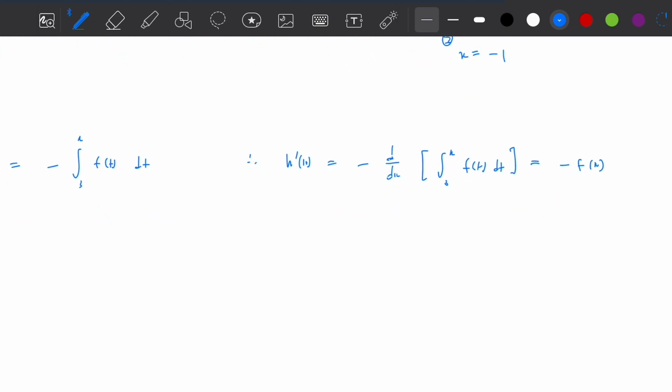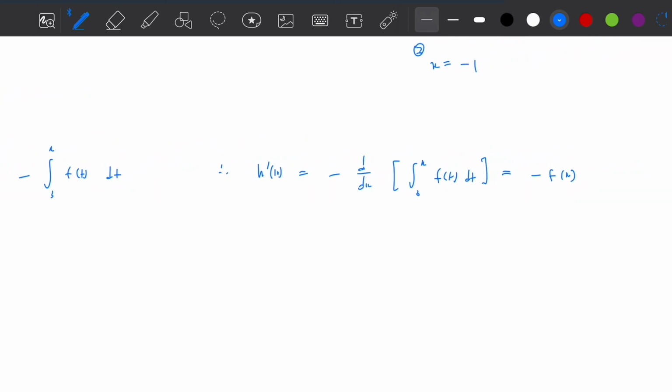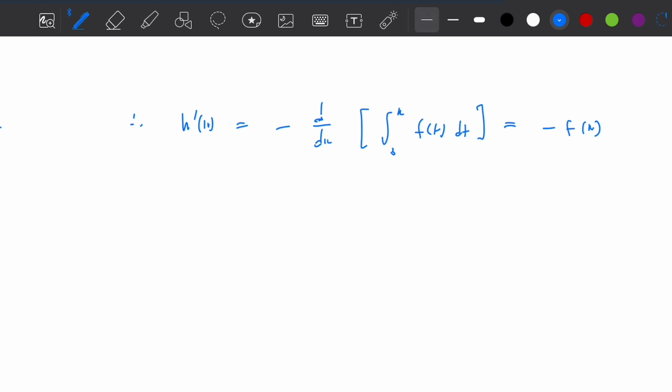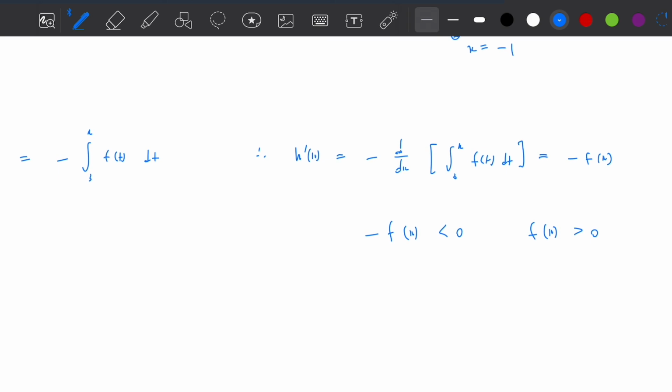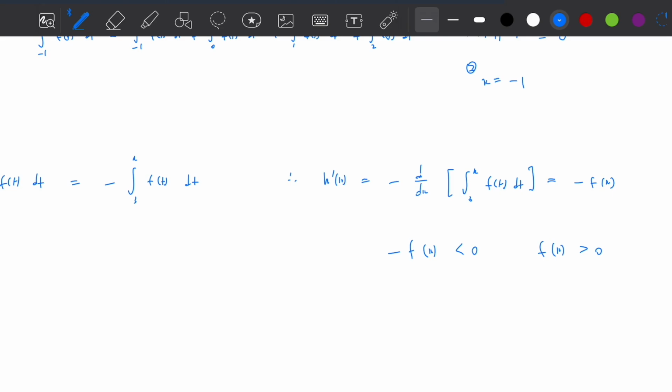Since we know that h prime of x has to be less than 0, we can say that negative f(x) is less than 0, which is the same as writing f(x) is greater than 0. By this, we can say that h(x) is decreasing when the graph of f is above the x-axis.